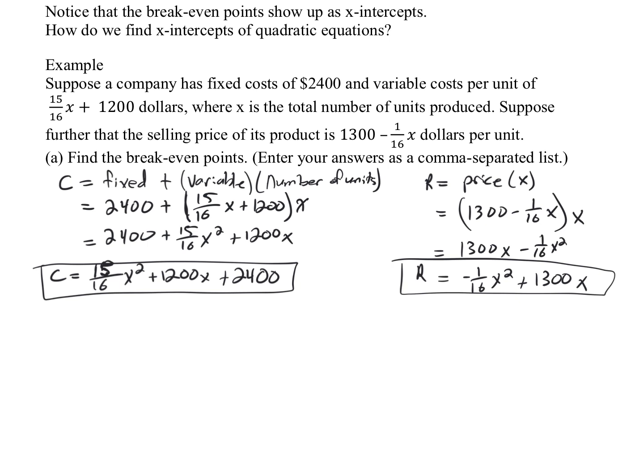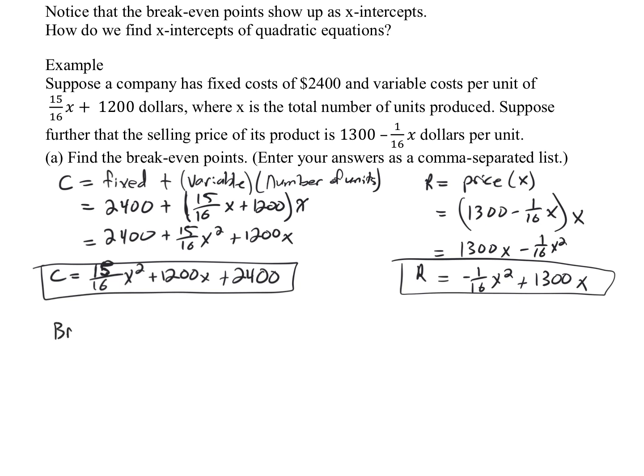Okay, now that we have the cost function and the revenue function, we can find a break-even point by setting them equal to each other. I recommend that as you show your work for an example like this, you try to leave little written comments that describe what you were doing.